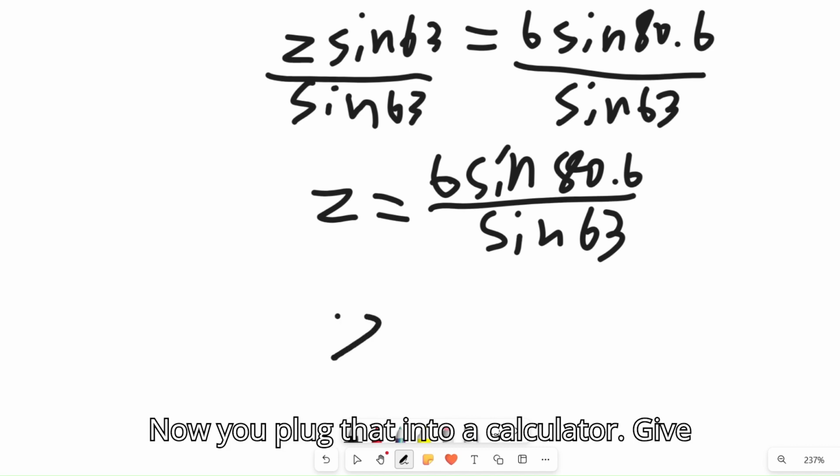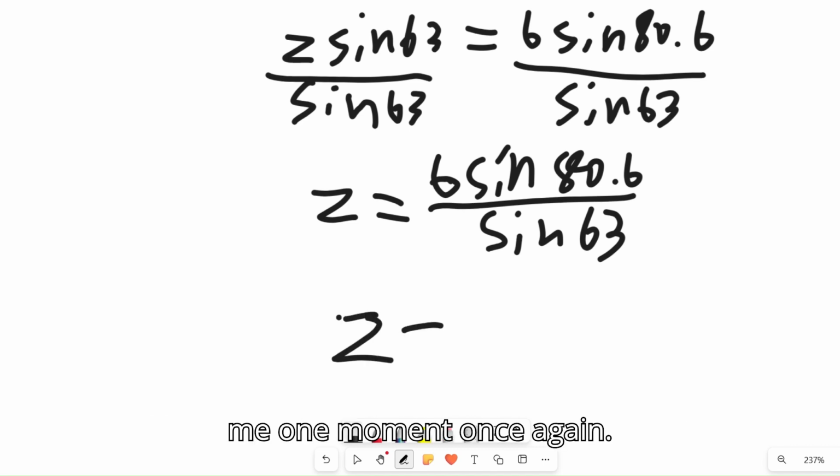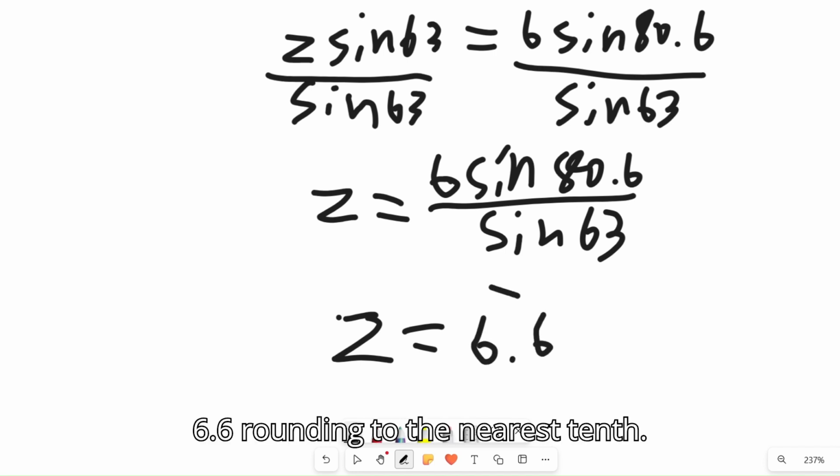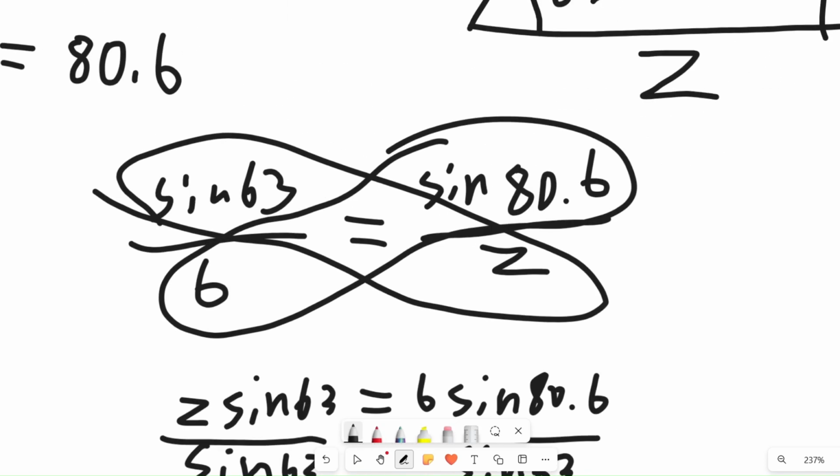Now you plug that into a calculator. 6 times the sine of 80.6 divided by the sine of 63. It should equal about 6.6, rounding to the nearest tenth.